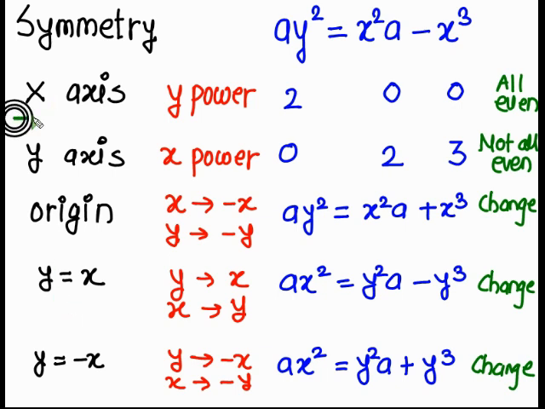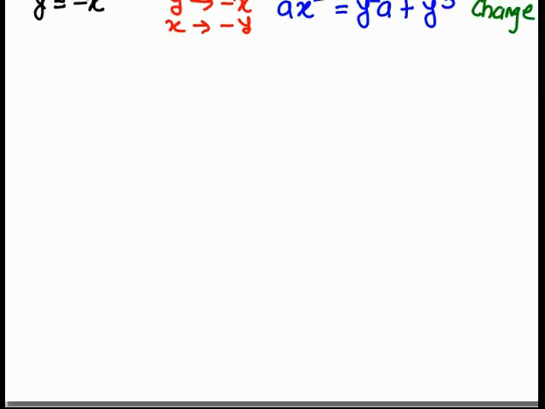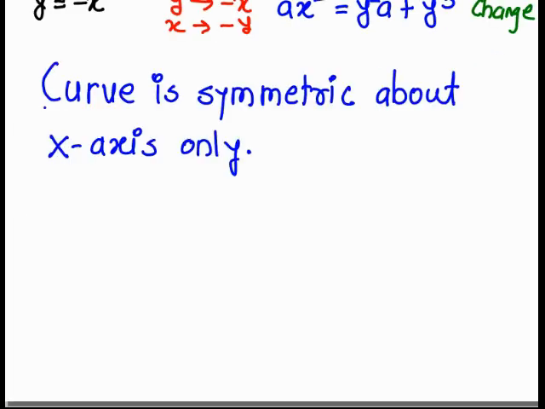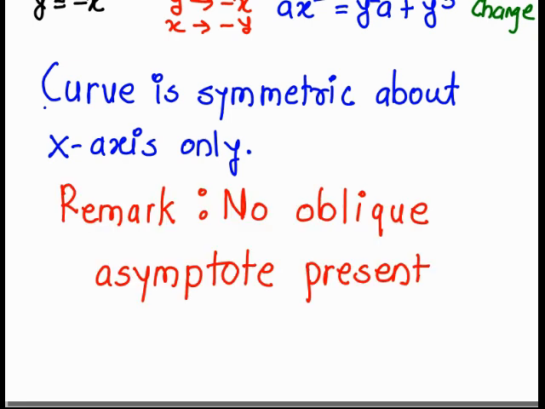This means the curve is symmetric only about the x-axis. So there is no need to find an oblique asymptote. When the curve is symmetric about the x and y axes, we do not find an oblique asymptote because an oblique asymptote is not present.